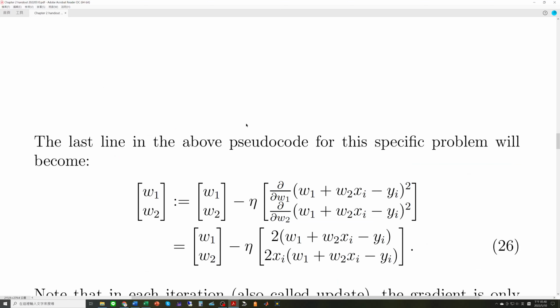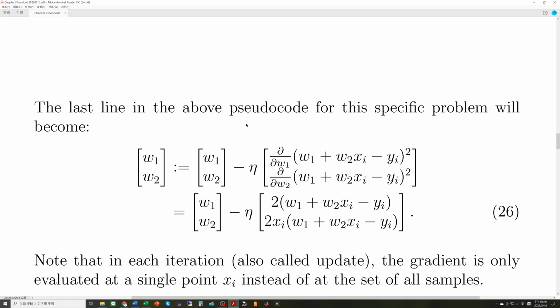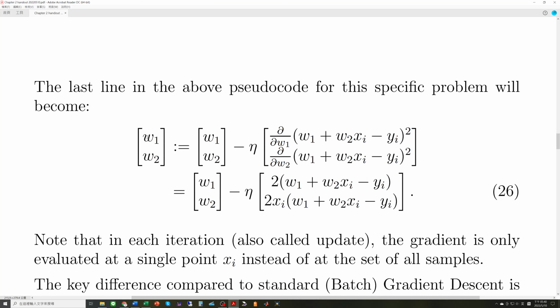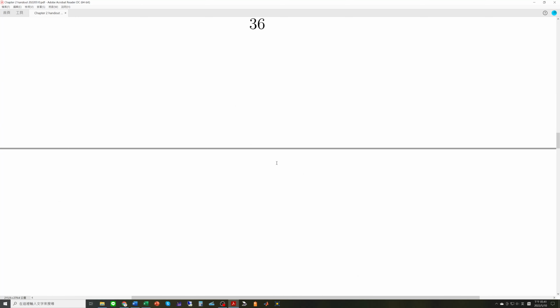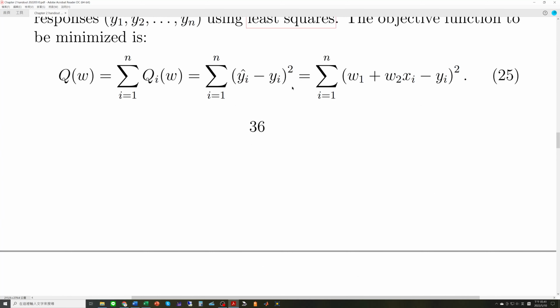So the vector w1, w2 is updated by the vector w1, w2 minus eta times the gradient of Qi of w.